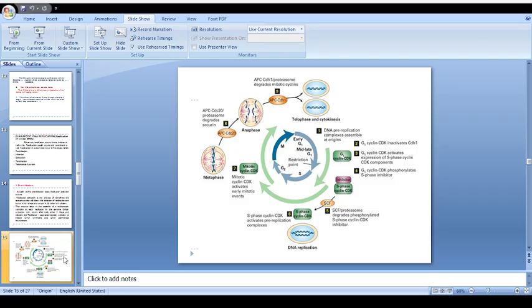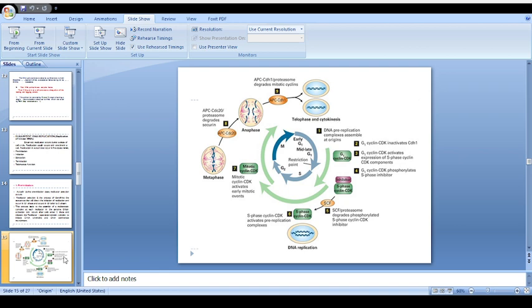Here we can see the DNA pre-replication complex assembly, and once it is assembled, G1 cyclin CDK inactivates CDH1, and then G1 cyclin CDK activates the expression of S phase cyclin CDK components.